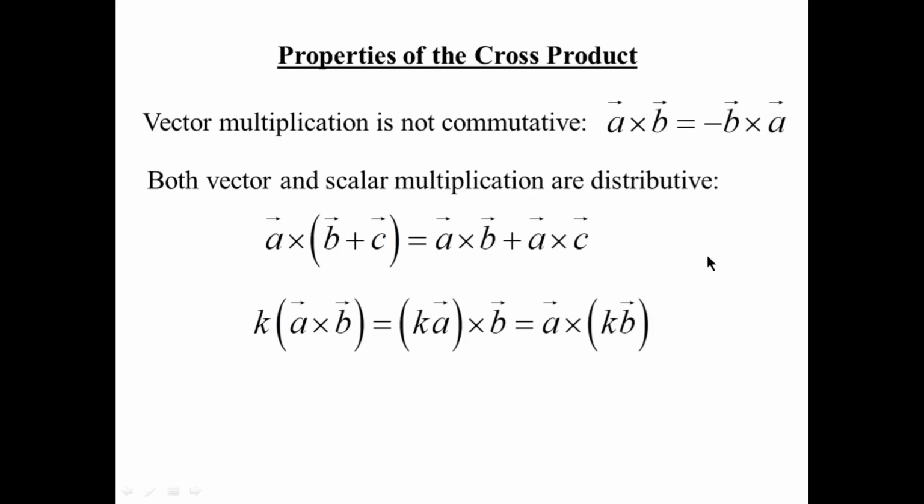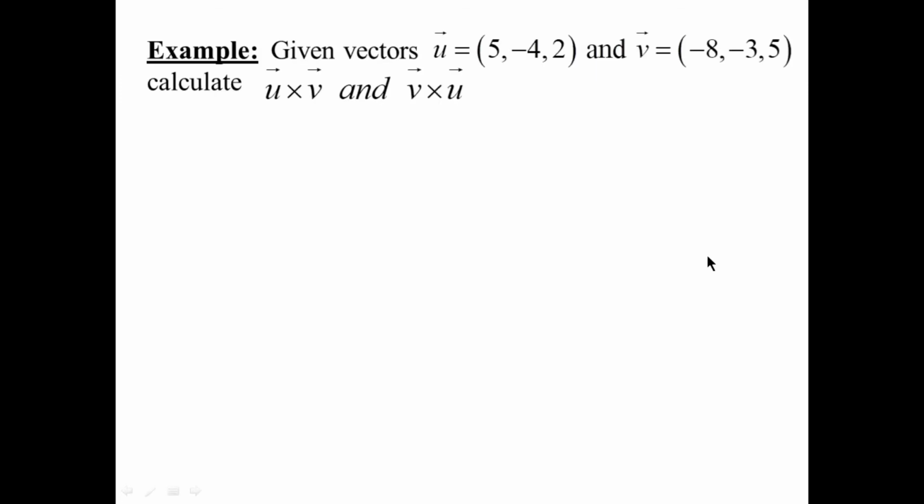Here's an example. Let's do this example. Given a couple of vectors, calculate their cross product. So there's u, there's v, find u cross v. V cross u will simply be the negative of that. So we set up these crosses. They look like that, x, y, z.